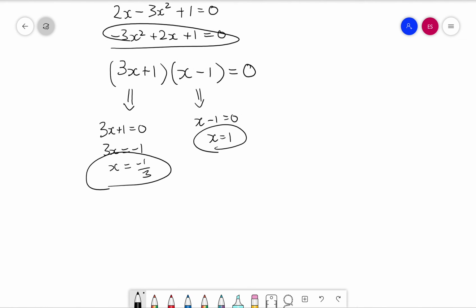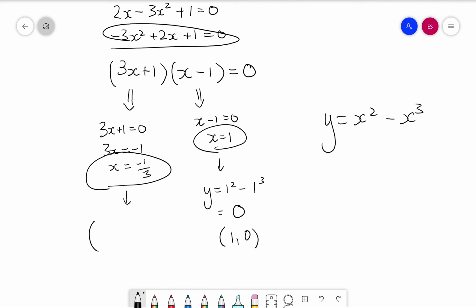And then to find the y coordinates, we just sub these back in to the original equation, because remember, the original graph gives us coordinate positions. So we'll get y is equal to 1 squared minus 1 cubed, which is equal to 0. So this coordinate here will be 1, 0. And then here we go, y is equal to negative 1 on 3 squared minus negative 1 on 3 cubed.